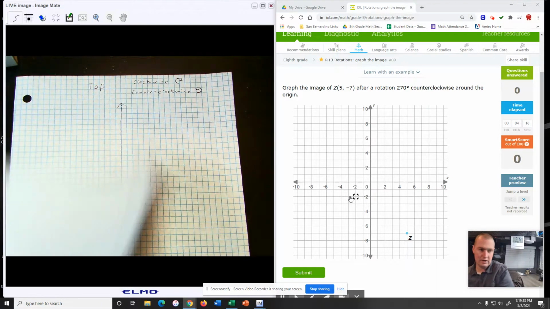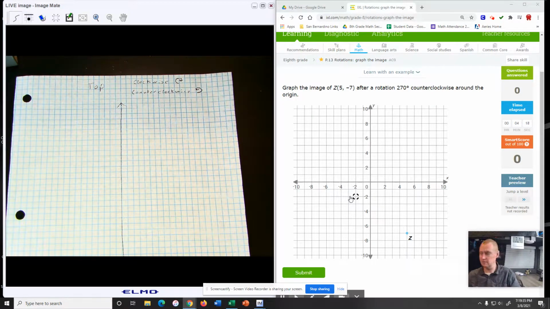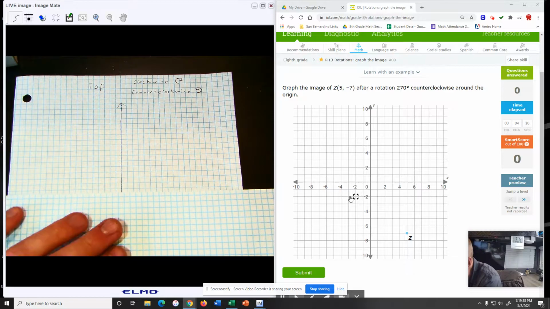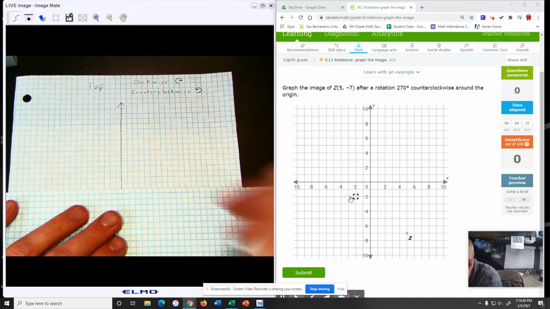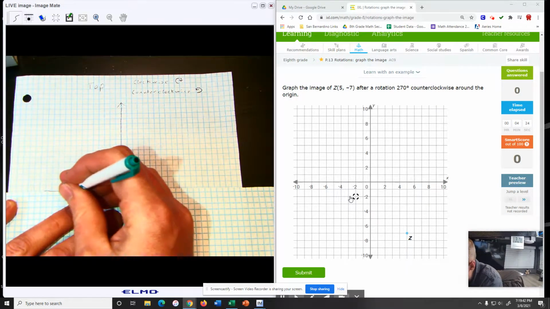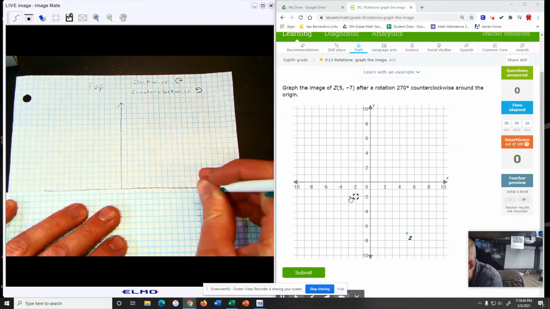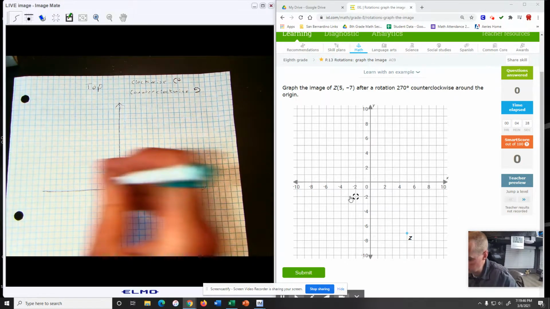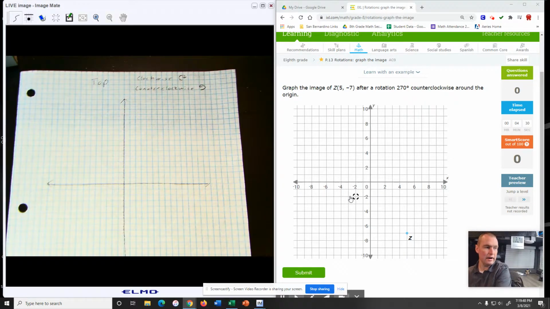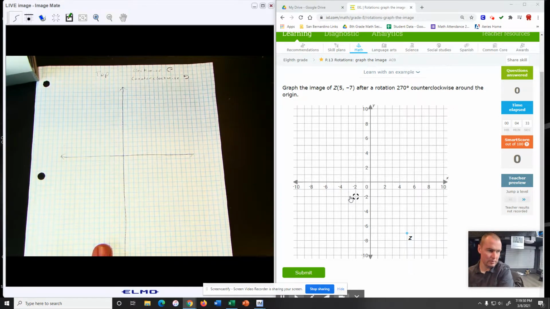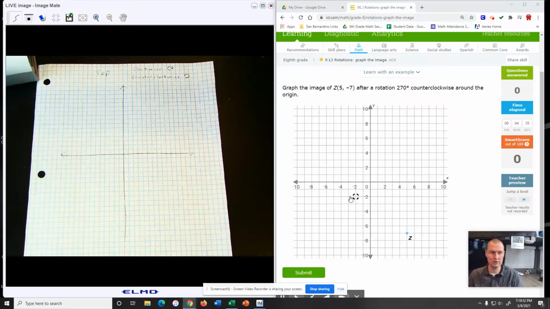So right there, I've got the y-axis. And now I'm going to go across the center and create the x-axis. Just like that. All right, so now I've got a sheet of graph paper with my coordinate plane that is ready to go. And it's actually very beautiful.